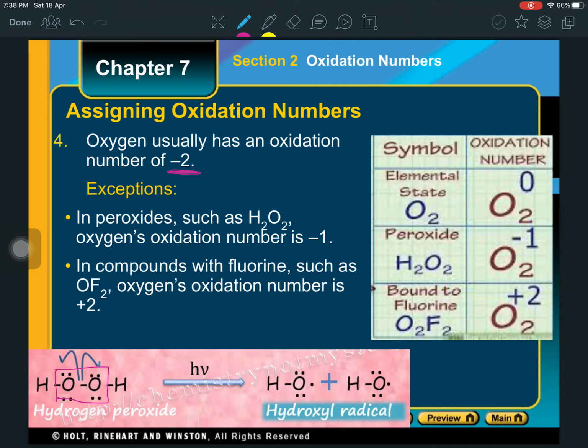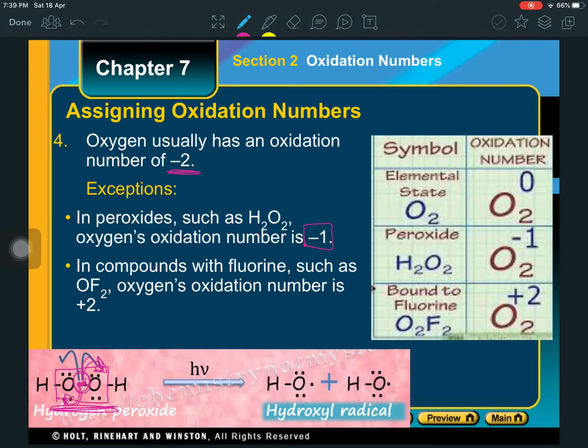So, even though this is not very important for you to know, what you need to know is that there's two electrons shared between them, and when this molecule reacts, one electron goes to each side. This is why whenever you see oxygens involved in a peroxide situation, you have to assign each one a charge of -1, not -2, because these two electrons that are shared here are not actually being shared.